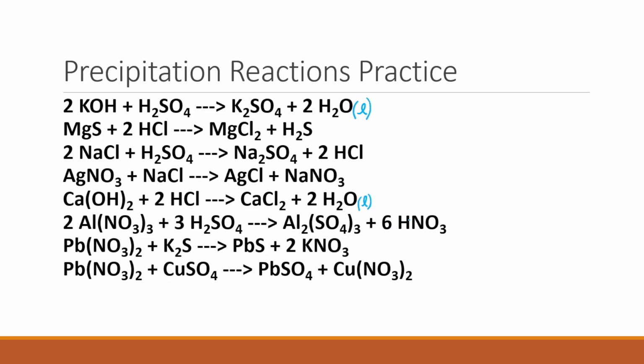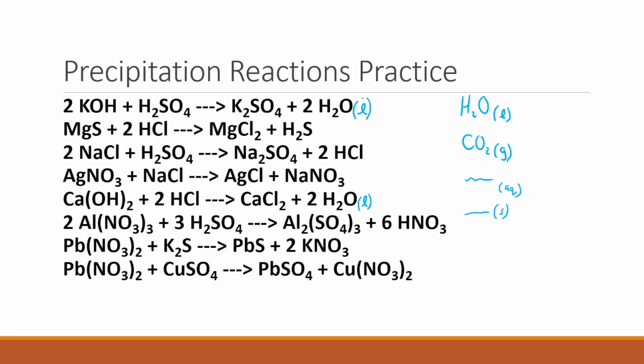Right, there are two things that can be made here, right? If we make water, that gets made as a liquid. If we ever make CO2, that gets made as a gas. Everything else in a double replacement is either going to be something that is aqueous or something that is solid.